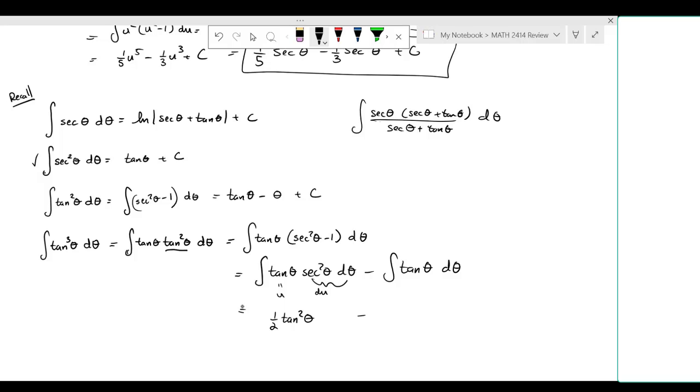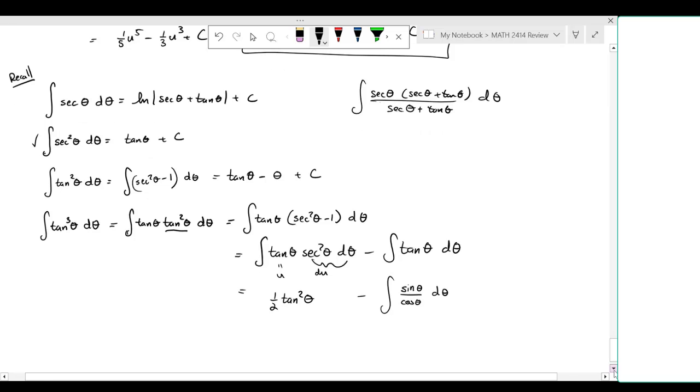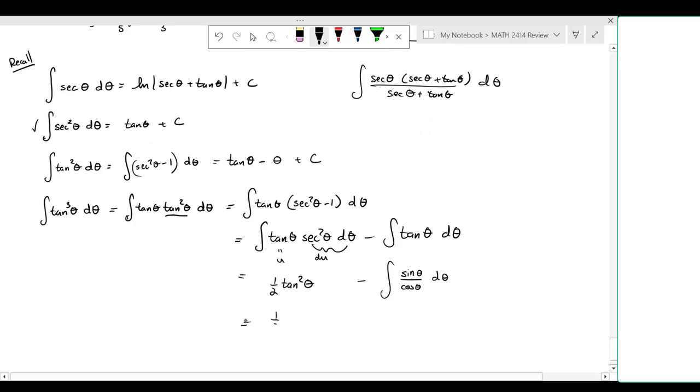And how do you do the second integral? How do you integrate tangent of theta? Sometimes I just rewrite everything in terms of sine and cosine if I'm not sure how to proceed, because I'm more familiar with those.